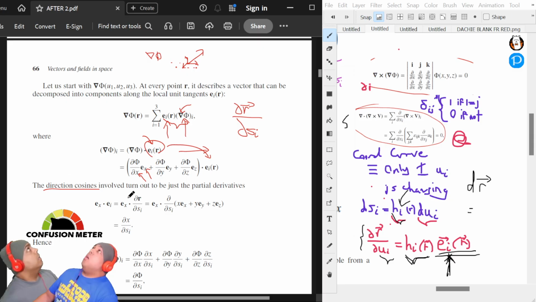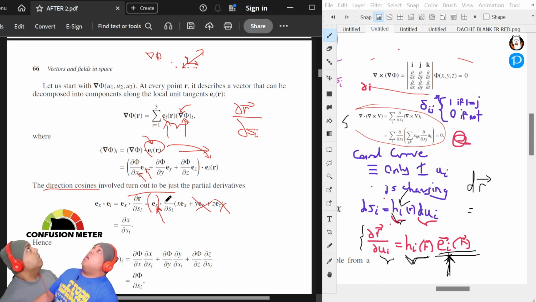Okay, well, let's continue. e_x dot del of x e_x plus y e_y plus z e_z. We don't care about these terms because with the dot product there are zero e_y's and e_z's over here, so it'll just be 0 times this plus 0 times this.